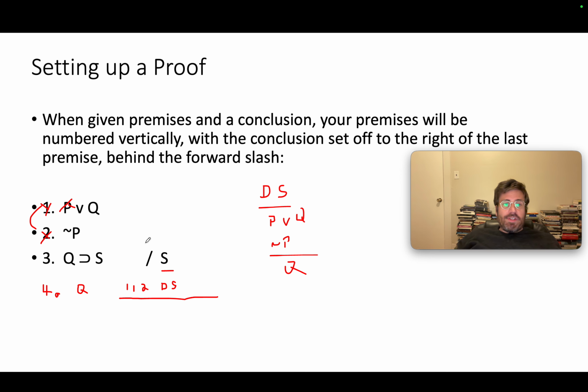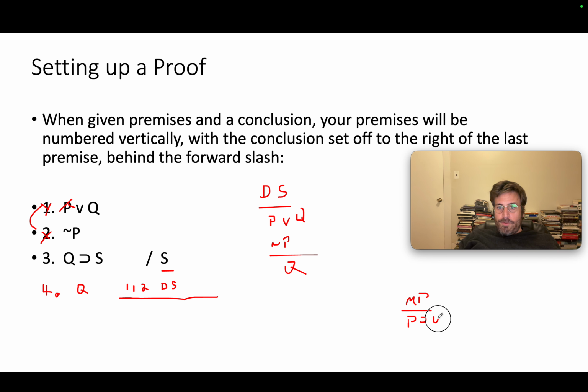Okay, now let's move forward a little bit and see if there's anything further we can do to get to our conclusion S. Well, I see in line 3 a conditional, and I see in line 4 the affirmation of our antecedent. So recall our rule for modus ponens takes that form.